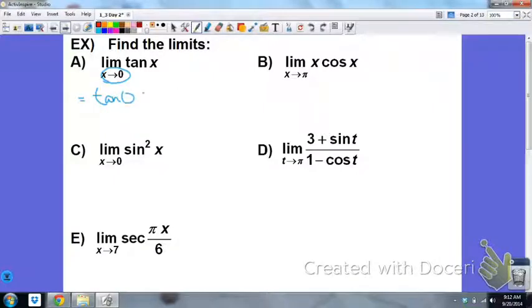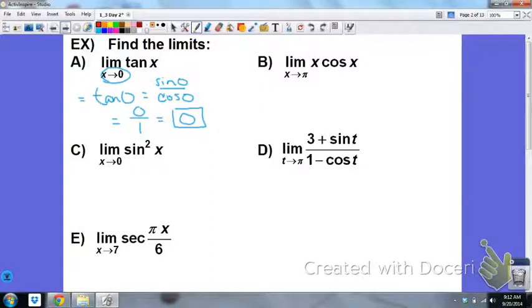And what that means is tangent is sine over cosine, so we have sine of 0 over cosine of 0. And we know that sine of 0, if we use our unit circle, the value is 0. Cosine of 0 on our unit circle is 1. So our limit, as x approaches 0, of tangent x is 0.